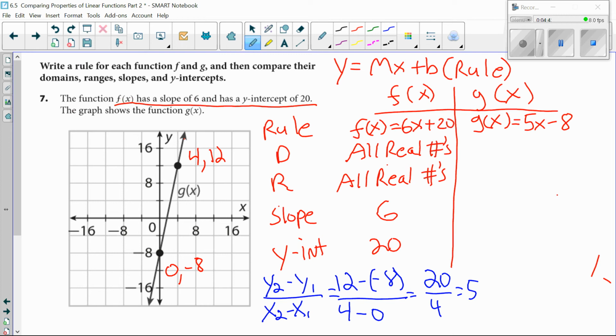So that's the rule. Now, because I have arrows here on my graph, it's going to go on forever. So that's also going to be all real numbers for both of those.